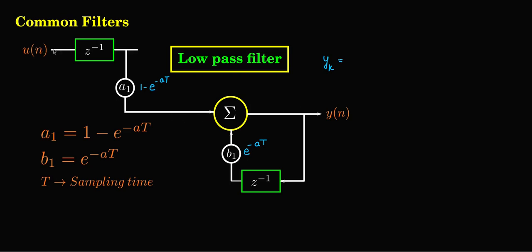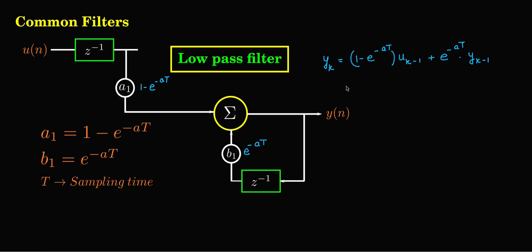If this is uk, this would be uk minus 1 into 1 minus e to the power of minus aT, plus e to the power of minus aT into yk minus 1.